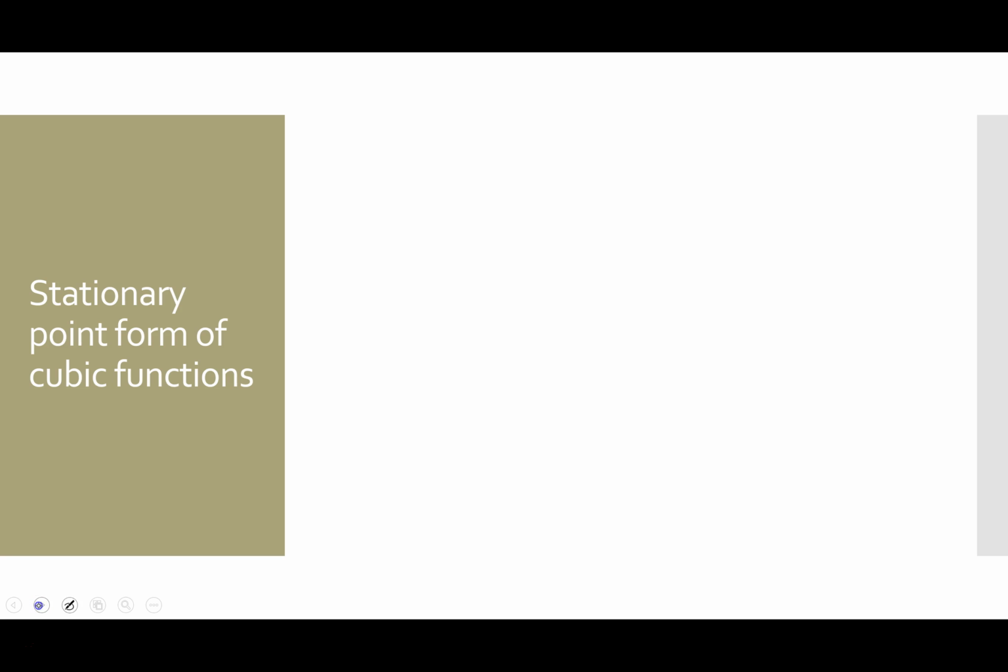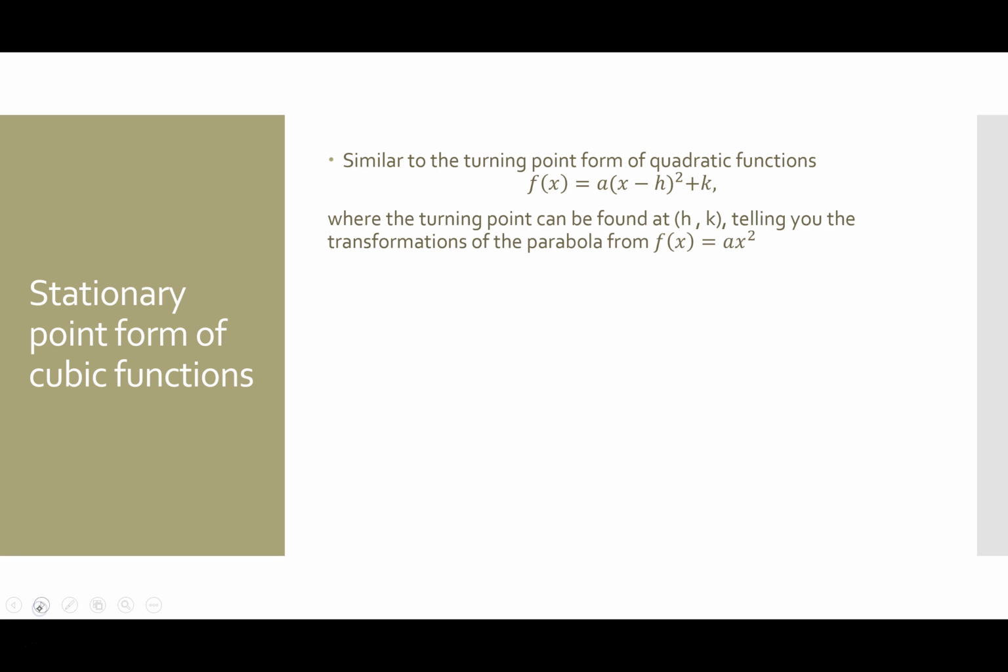We have the stationary point form of the cubic functions, and it's very similar to the turning point form of quadratic equations, which is f(x) equals a(x minus h) squared plus k. We know this will give us the turning point at (h, k), and it will also tell you the transformation of the parabola from f(x) equals ax squared.